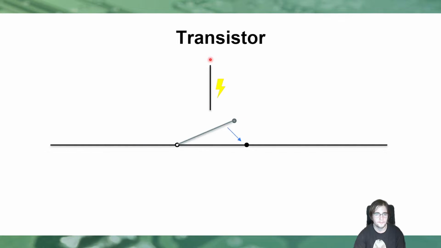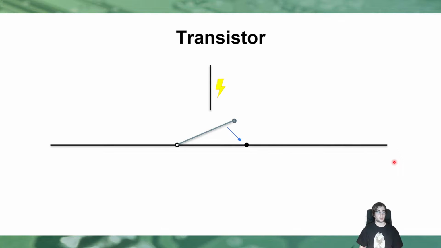But if we put electricity onto the gate, our signal, the lever will close, and now electricity can flow from here to here, which is basically everything a transistor does. Of course, there's also different types of transistors.